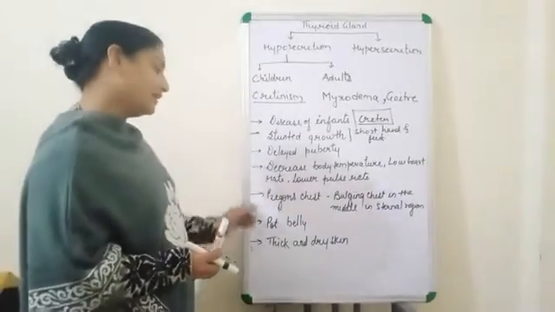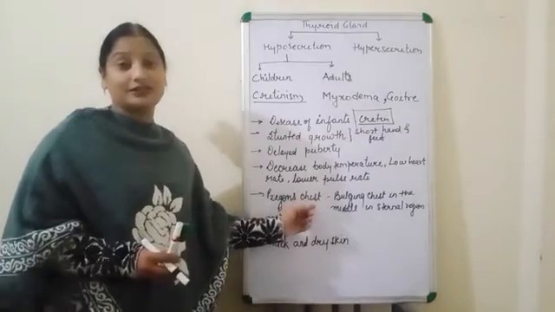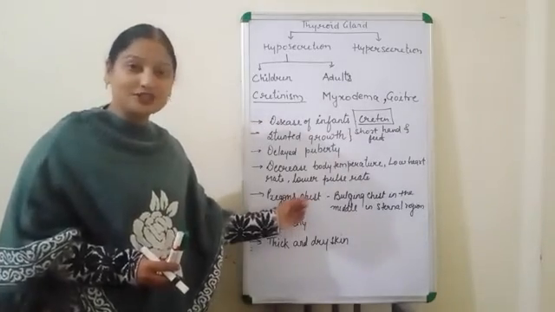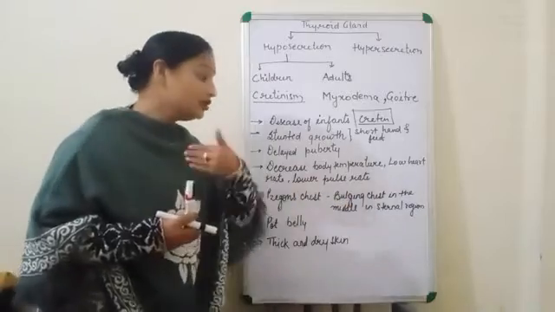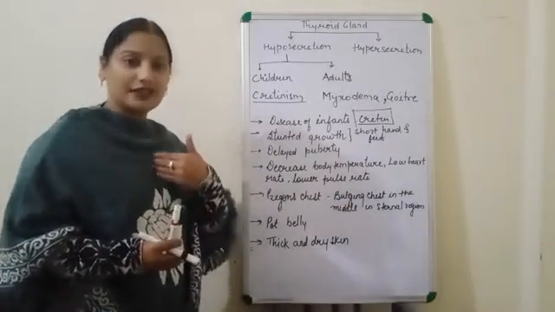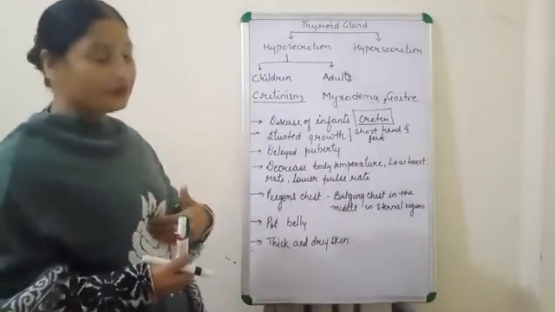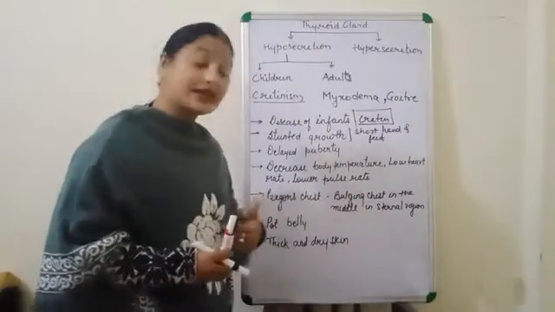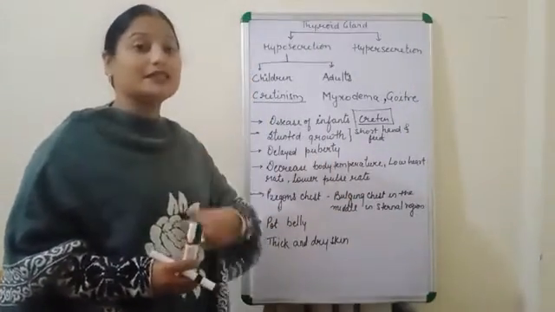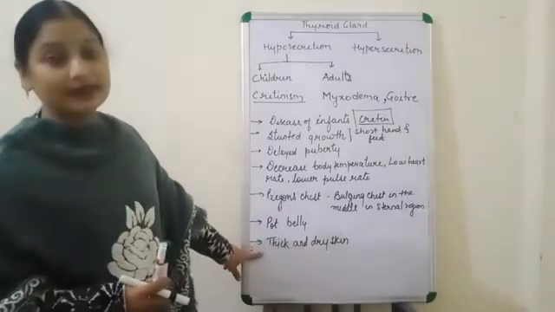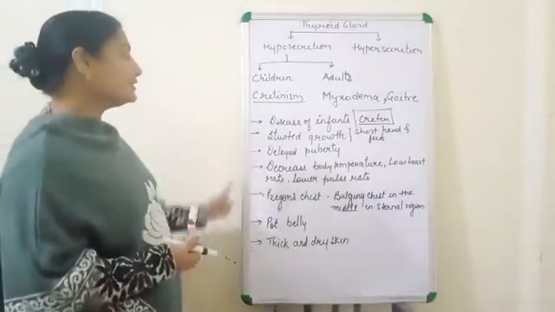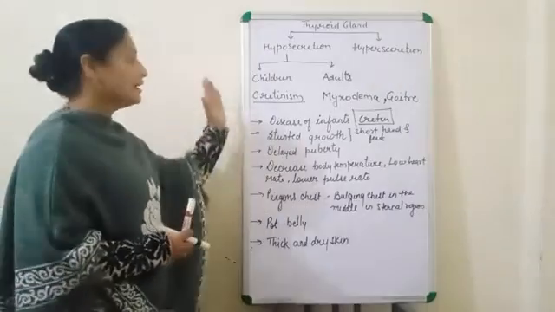After that, there may be a pigeon's chest. The meaning of pigeon's chest is a bulging of the chest in the middle of the sternal region, in the center. Then pot belly, thick and dry skin. So all these are the symptoms of cretinism.